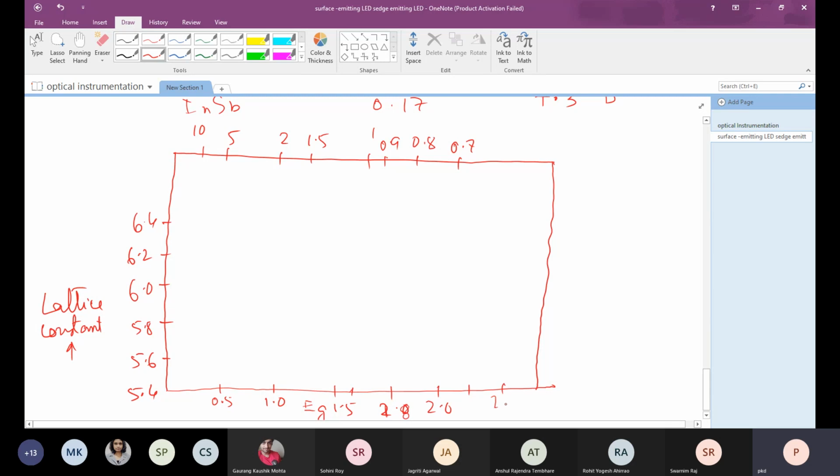Maybe. So now InP, if I put it here, and indium arsenide is here.